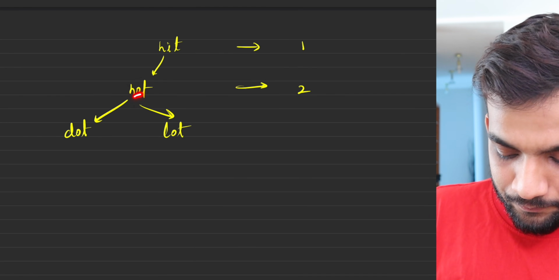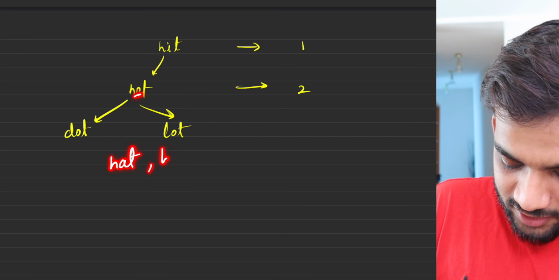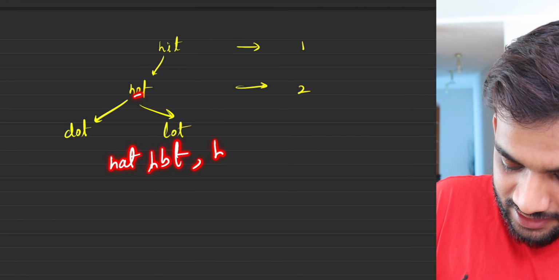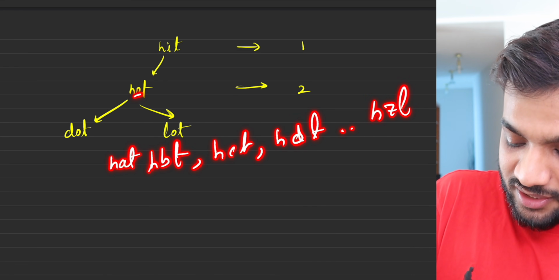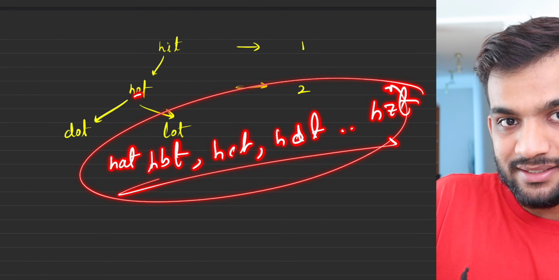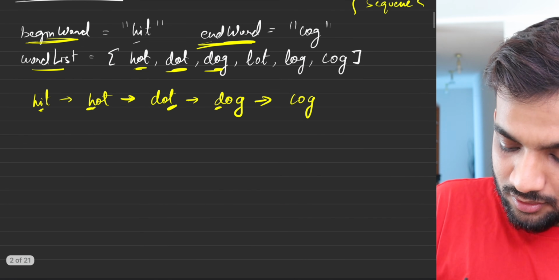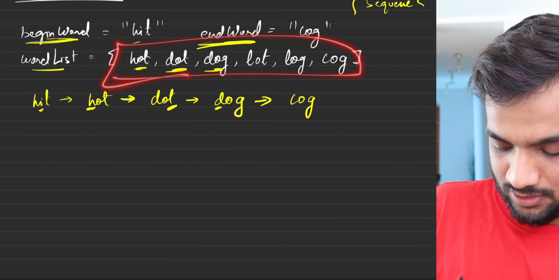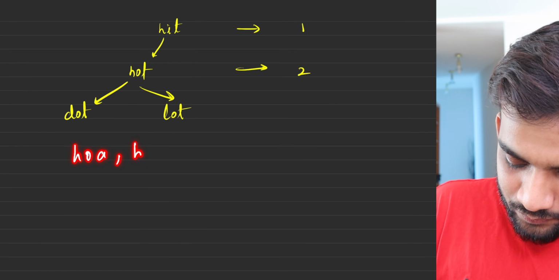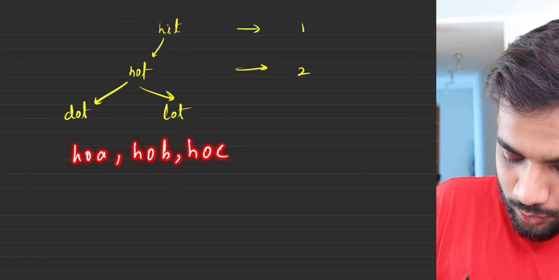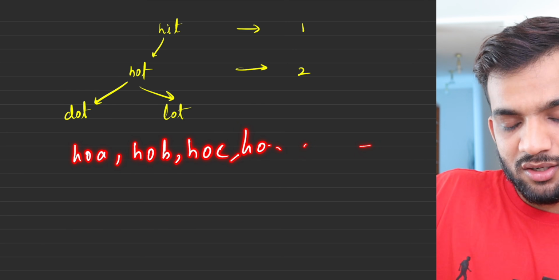Let's see for O. HAT, HBT, HCT, HDT, so on till HZT. Does anyone exist? Let's have a quick check. No one. Next, let's try to change T. That will be like HOA, HOB, HOC, and so on.